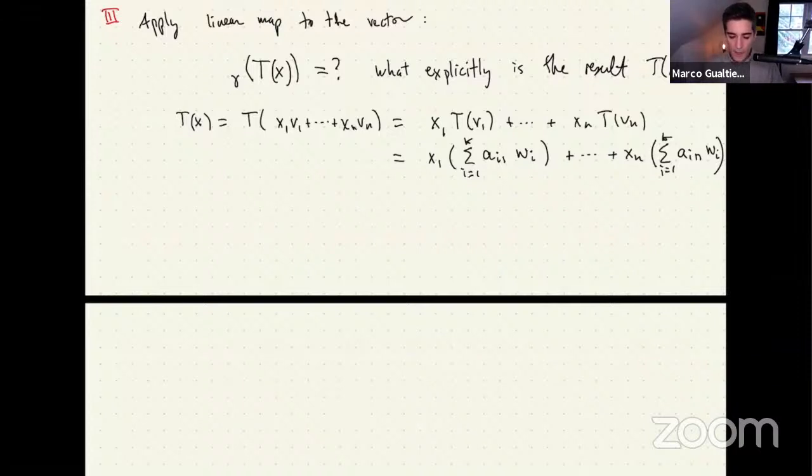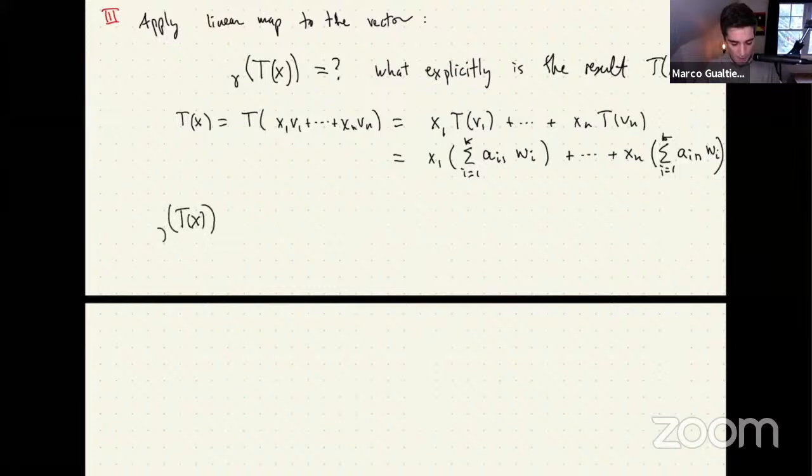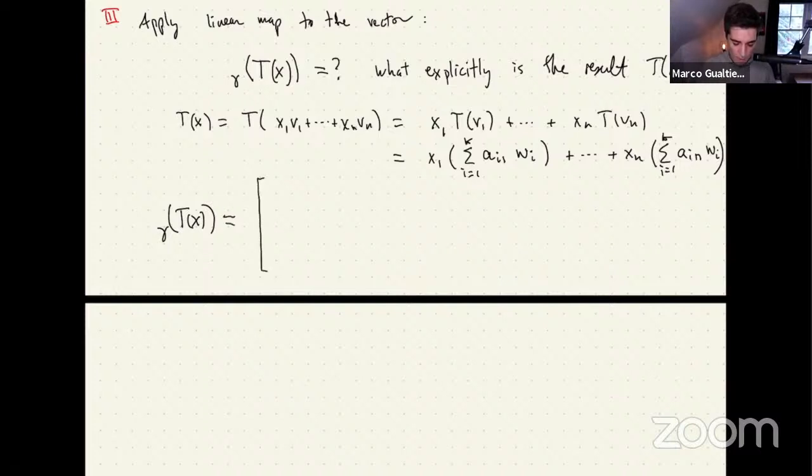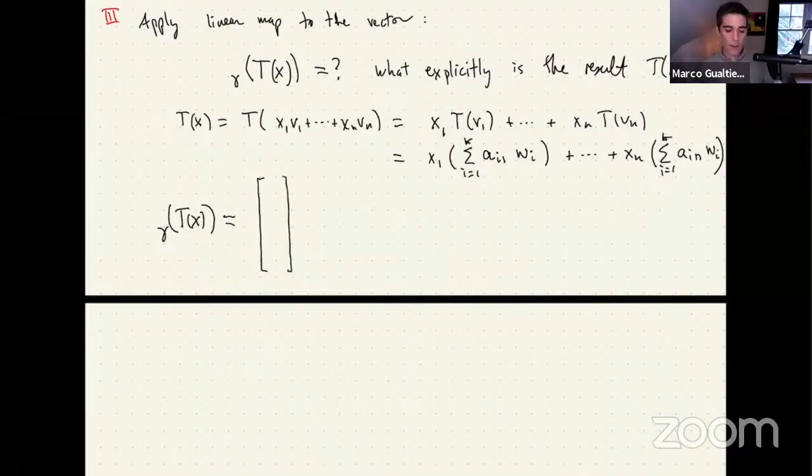Okay, and then you see, if I want to figure out this quantity, what I need to do is take this vector here and write it in terms of the W basis. So the W basis has length k, so this will be a k by 1 column vector, because I'm in the basis gamma, which has length k.